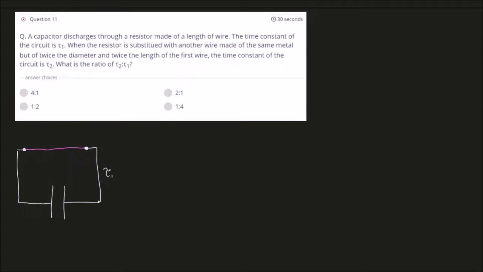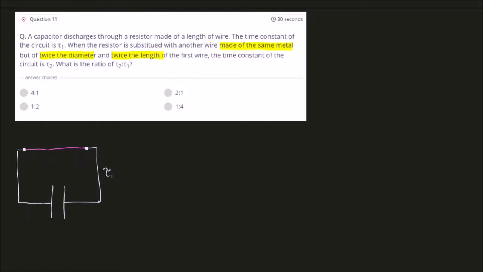Okay, there's many things being mentioned here. We are substituting it with another wire, then this wire is made of the same metal, twice the diameter, twice the length of the first wire. The time constant of the new circuit right now is tau 2.